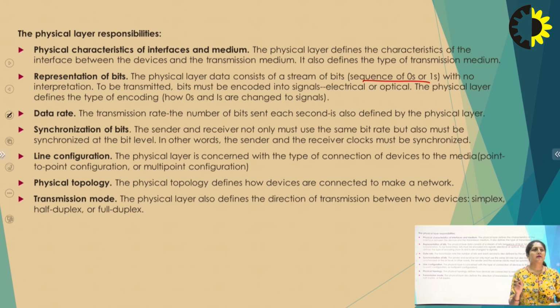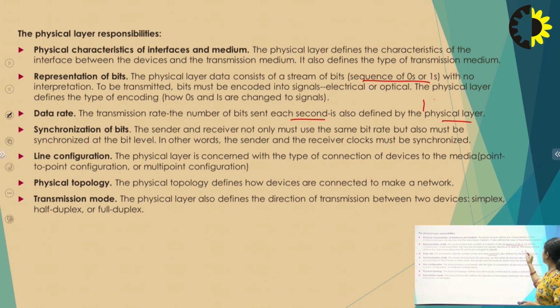Then comes the data rate. Data rate means the transmission rate, the number of bits sent each second. Each second, how many bits we are sending in the physical layer. Then comes the synchronization of bits.